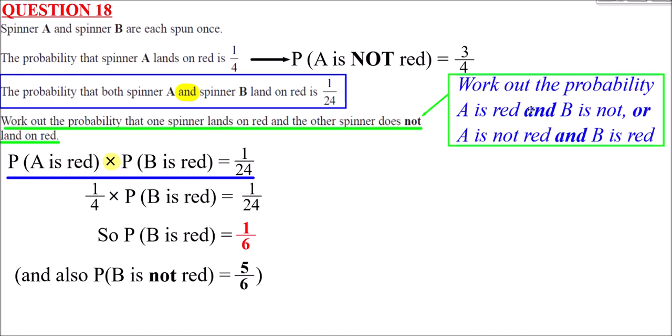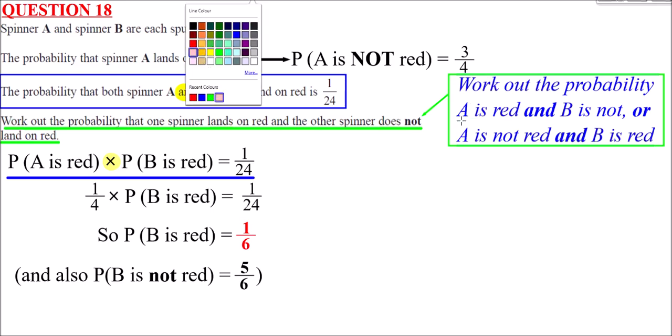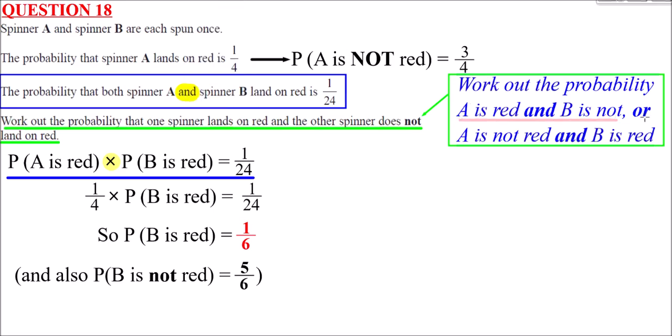Work out the probability that A is red and B is not. That's one scenario. Option 1, A red and B is not. Or the second scenario, A could be not red and B is the red one. So two different possibilities to consider.